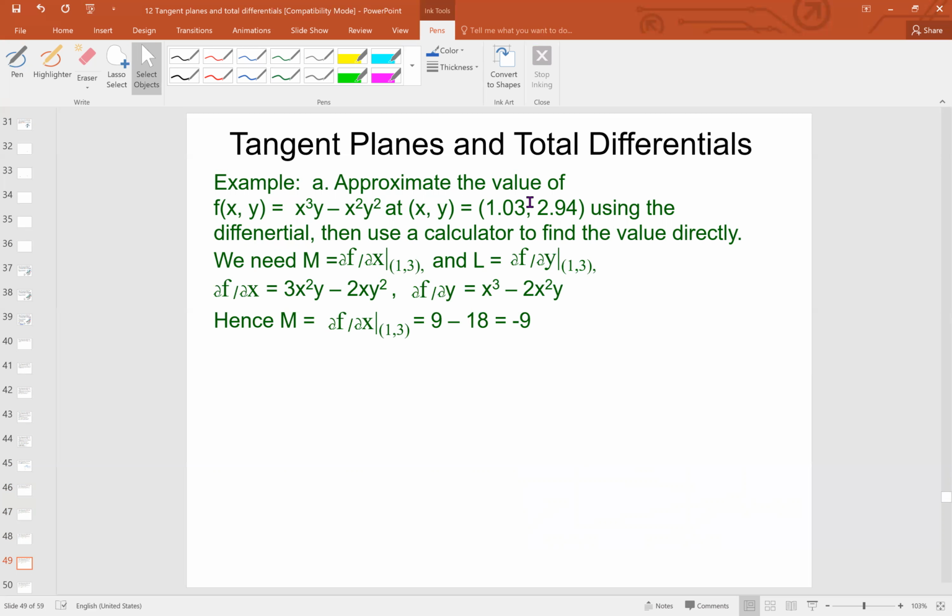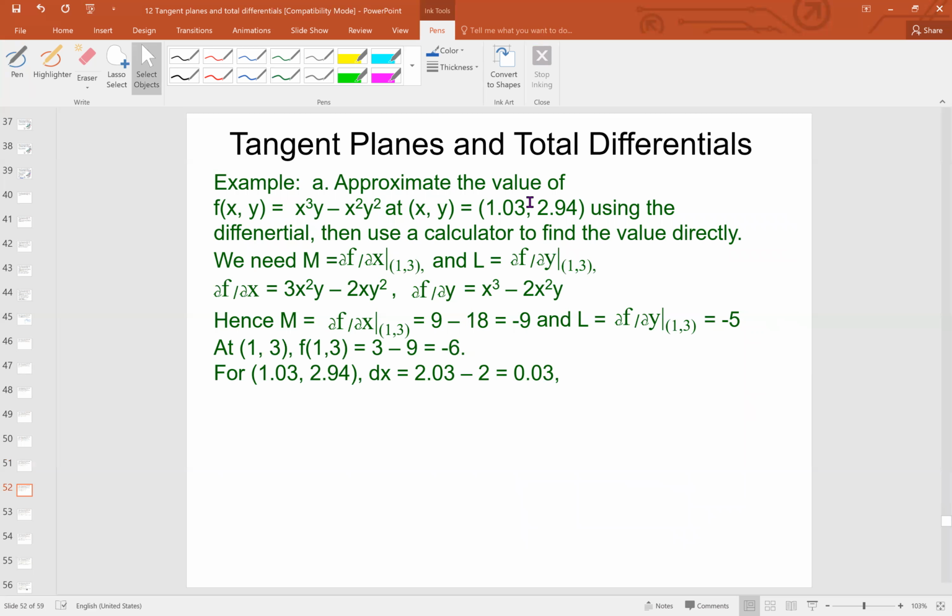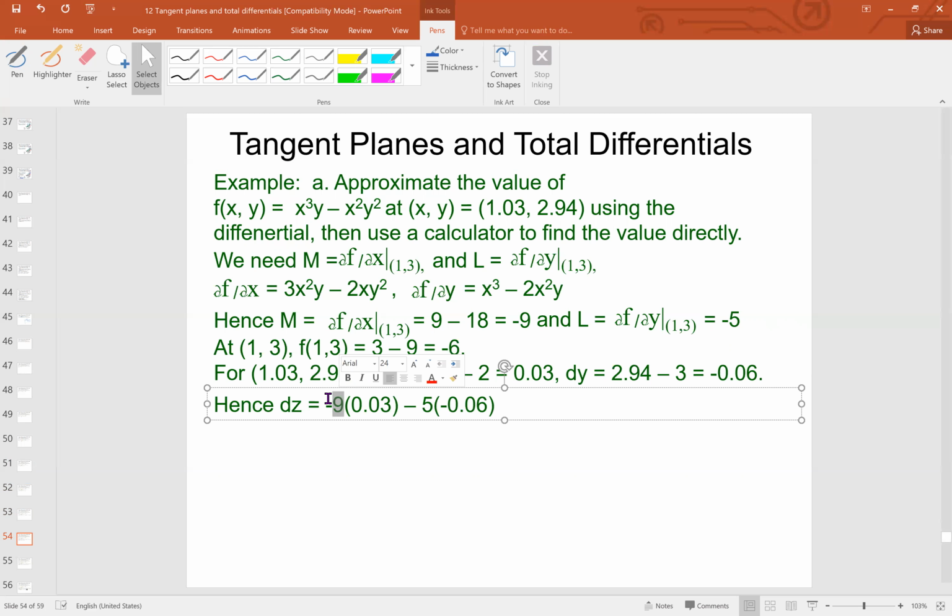Plugging in the point 1, 3, the slope in the x direction is minus 9. The slope in the y direction calculates to minus 5. And then I multiply dx, dy respectively to the slopes, m times dx, L times dy, and that's the total change in z.